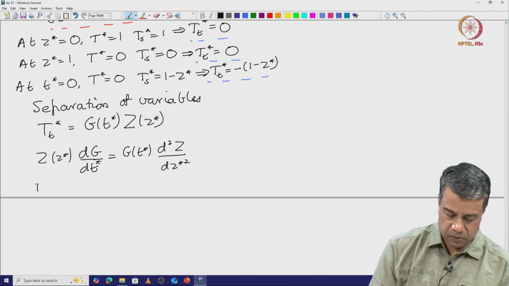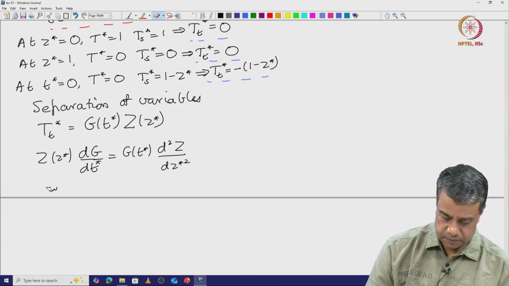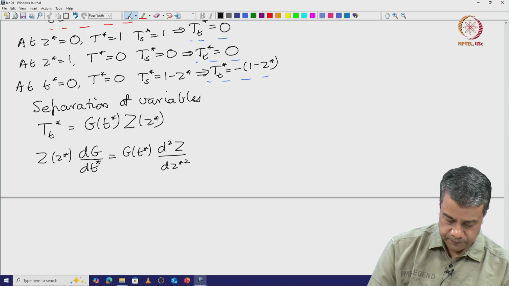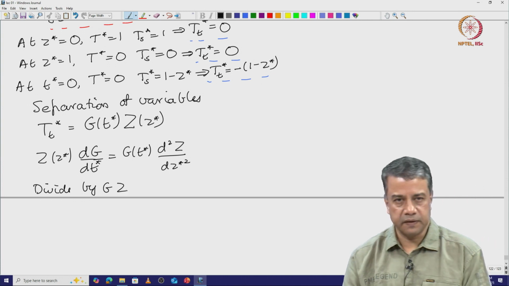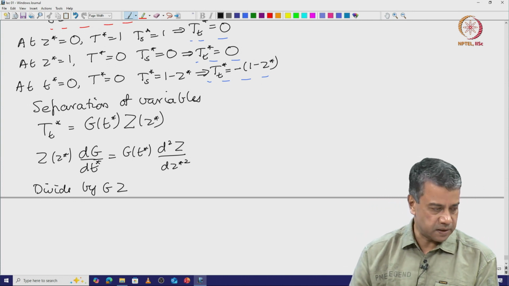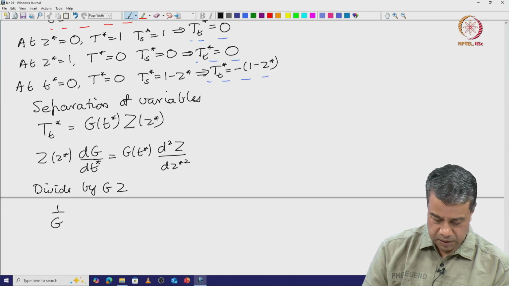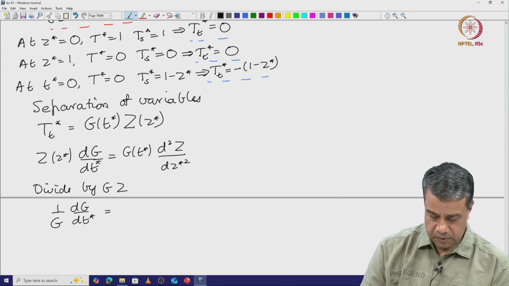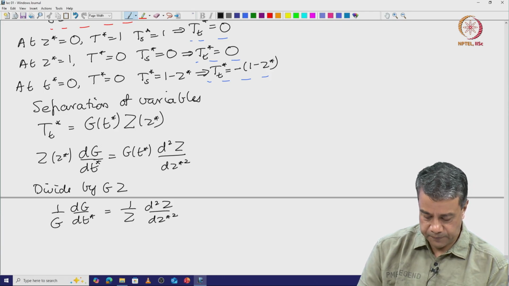And then I divide throughout by G times Z, and the equation reduces to 1 over G dG by dt star is equal to 1 over Z d square Z by dz star square.